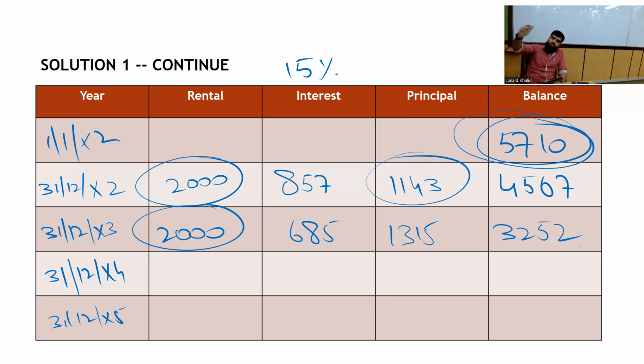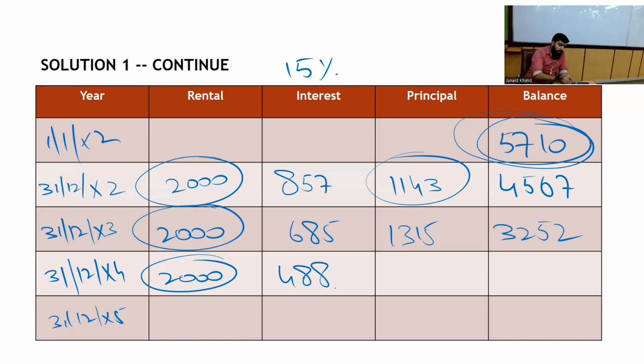Again, from 31st December 20x3 till 31st December 20x4, at the end of year 4, the company would have paid a rental of 2000. The obligation that was pending throughout the year was 3252. Again, 15% interest is charged, which is 488.